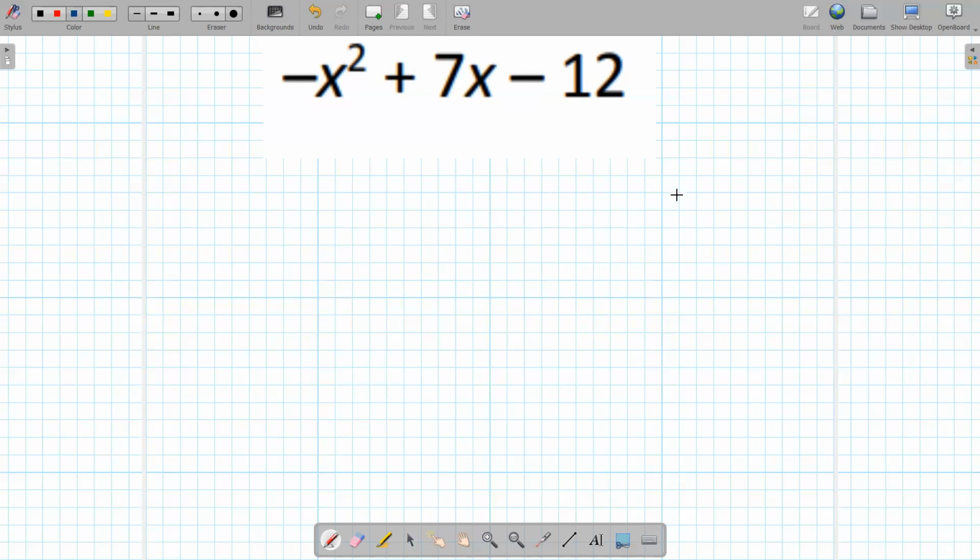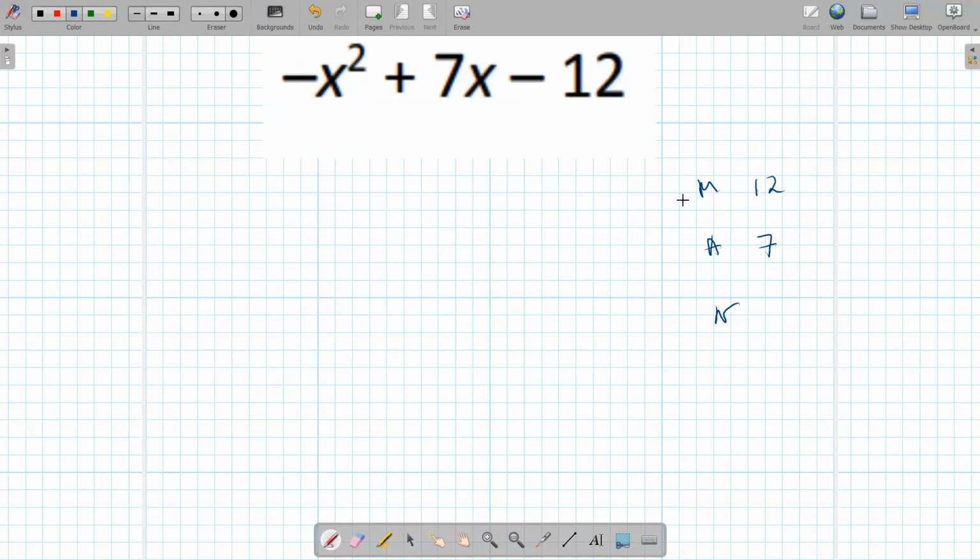So I didn't tell you this. The two numbers you're looking for have to add to the middle term, 7. But when you multiply them, it's actually going to be the coefficient of x squared times the y-intercept. So when you multiply, you're actually looking for positive 12, because minus 1 times minus 12.